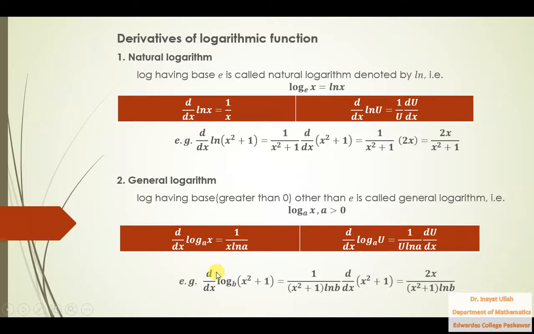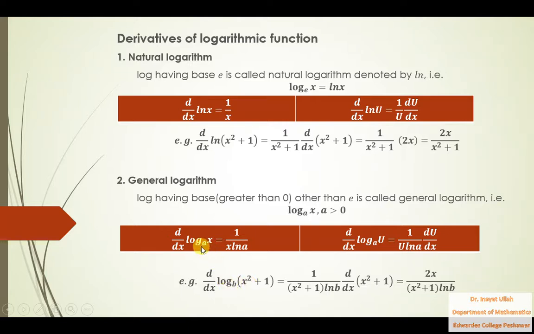For example, if you need to find the derivative of log to the base b of x squared plus 1, the same function is taken, x squared plus 1, but the base has been changed. For natural log of x, the base is e, and that is written in ln form. But for general logarithm, we cannot write this log as ln, so that is log to the base b of x squared plus 1.